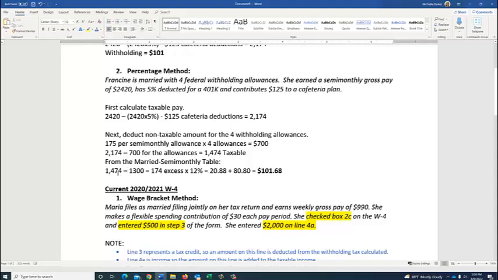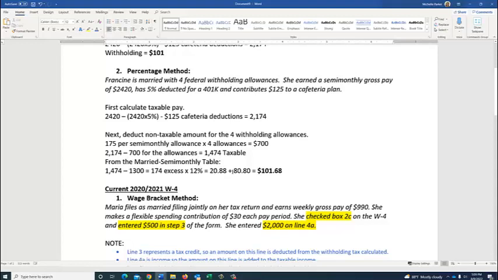Okay, so here is the $1,474 taxable pay, and we will subtract the $1,300, and $174 is the excess over $1,300. Now that $174 is taxed at 12% according to the table, which is $20.88.